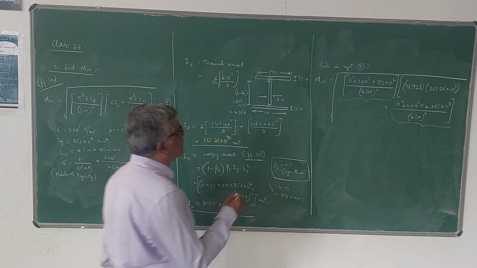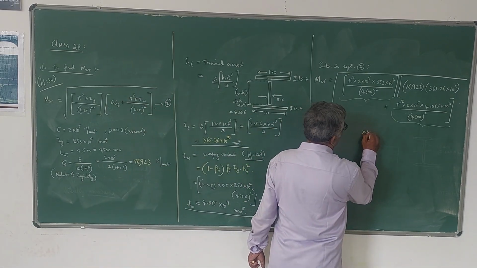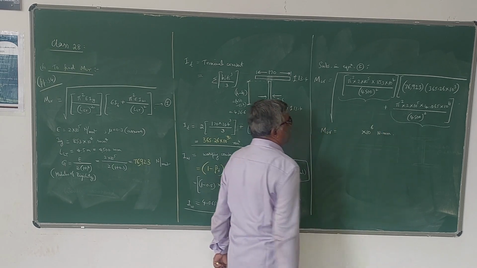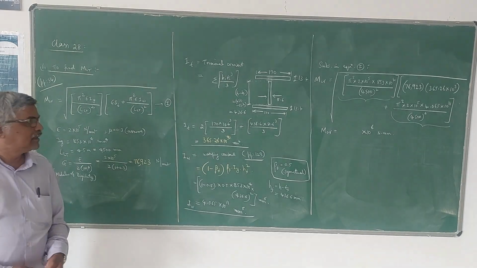Try to express this MCR in this form. Some value you get into 10 to the power of 6 because it is Newton meter. Let's simplify that.